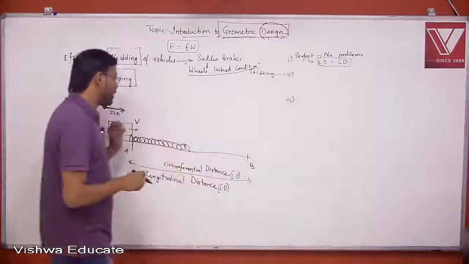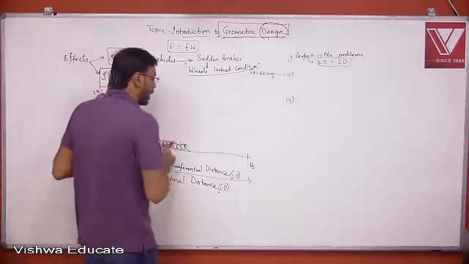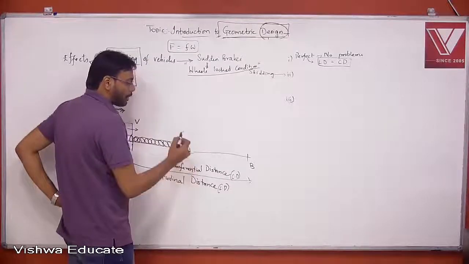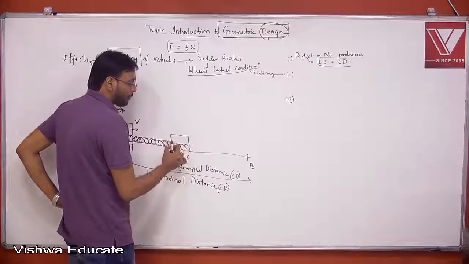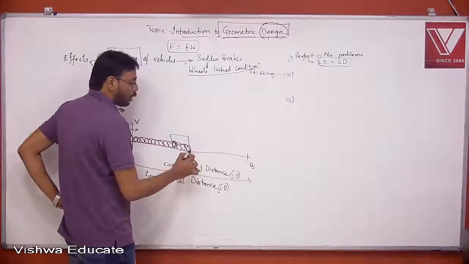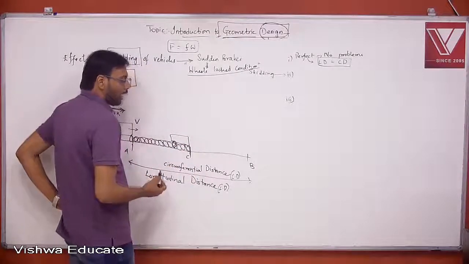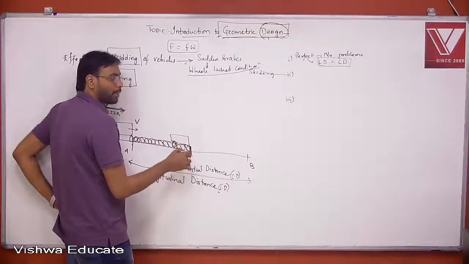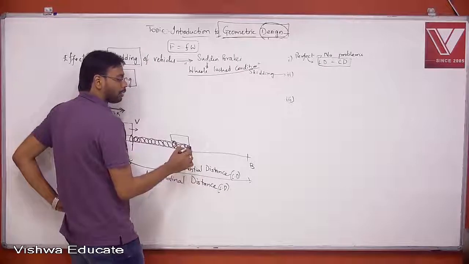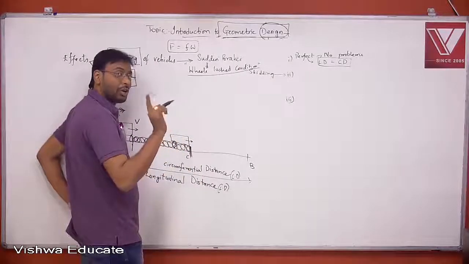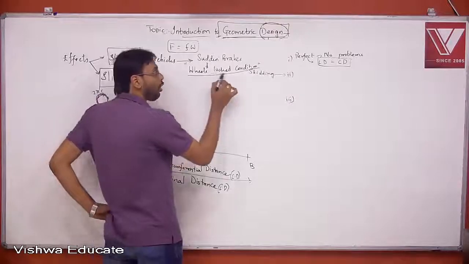So for example, in the second case, you're traveling in the same car now. After traveling some distance, say after coming to point C, you have applied a sudden brake. From here onwards, the vehicle is moving, but the wheels are not rotating because wheels get locked.